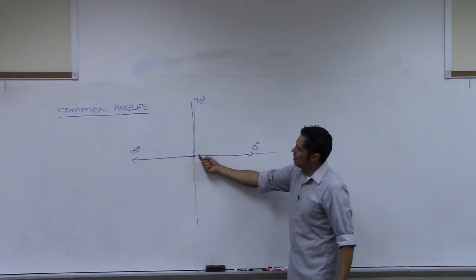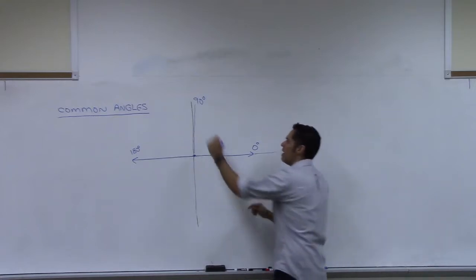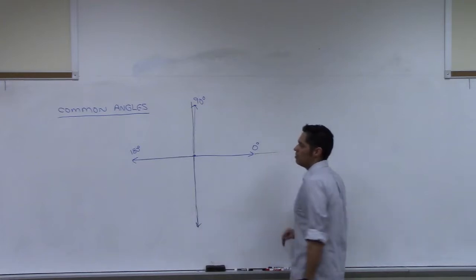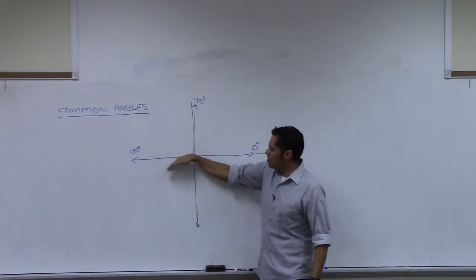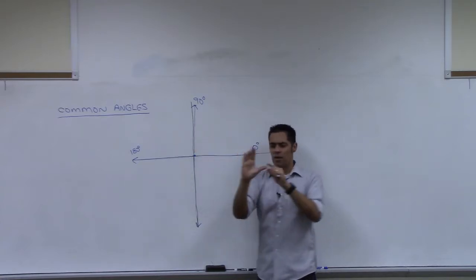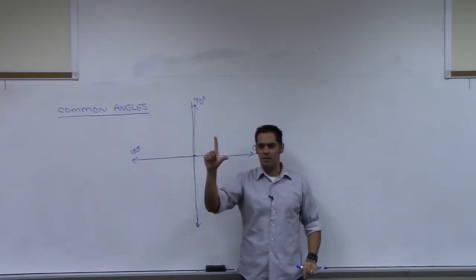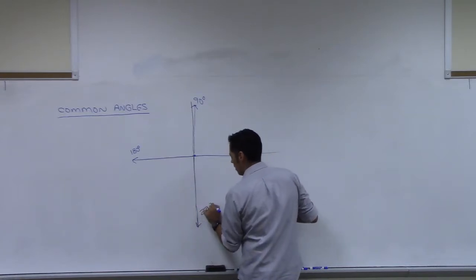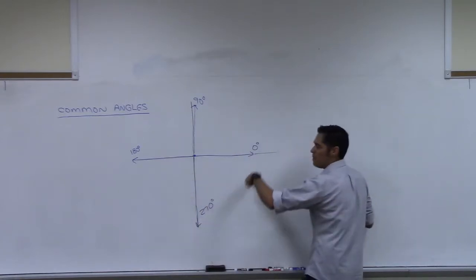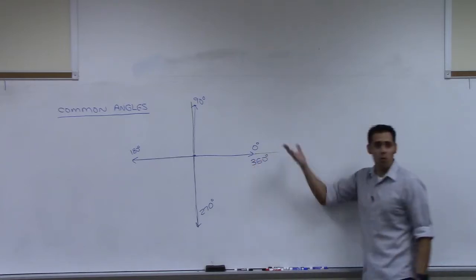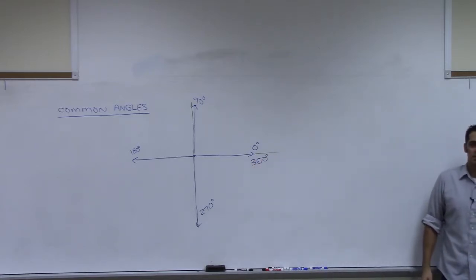If we look at the ray that points straight down, that would be how many degrees? It would be the 180 plus another 90 degrees. So each L shape is 90 degrees, right? So we have 180 plus 90, that gives us 270. And then, of course, if we come all the way back around, that's 360. So there's four of your common angles.